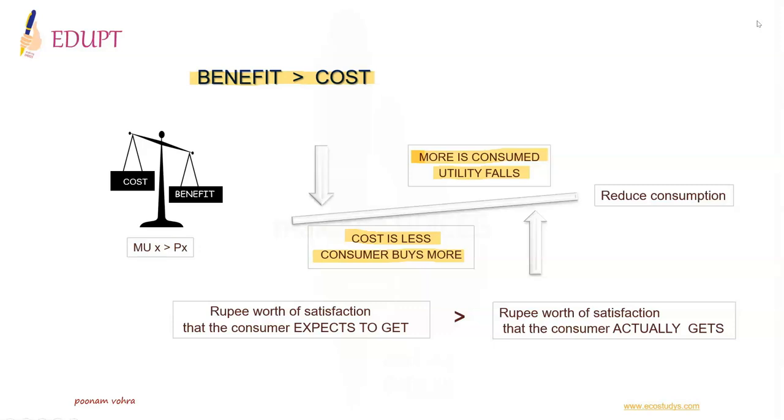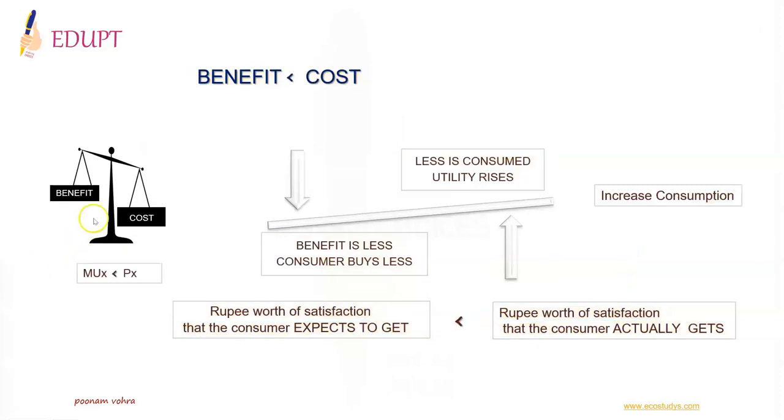And as he buys more, marginal utility falls. Or in economic terms, marginal utility is greater than the price of commodity X. It implies that the rupee worth of satisfaction that the consumer expects to get is much more than the rupee worth of satisfaction that the consumer actually gets. So, in order to attain equilibrium, the consumer is required to reduce consumption.